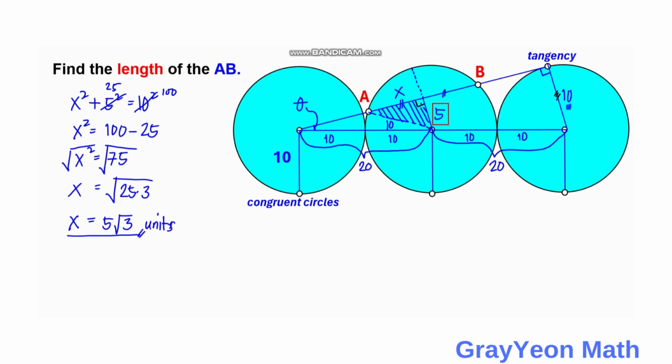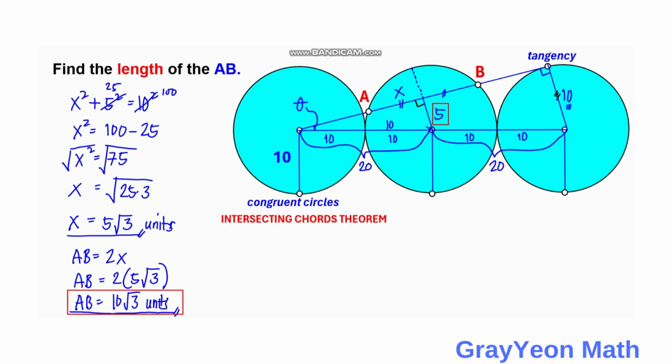And the length of AB is simply equal to 2x. So AB is equal to 2 times 5 square root of 3, so AB is equal to 10 square root of 3 units. And that is our answer if we use the Pythagorean theorem.